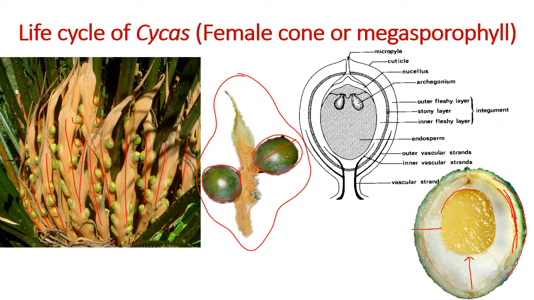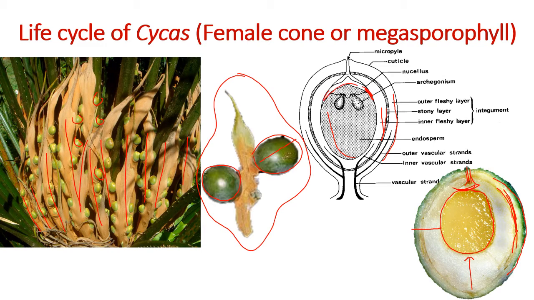The middle portion is actually the endosperm. This zone is called the pollen chamber, and this is the micropyle. Similarly, this layer is outer, this is middle, this is inner, and this is endosperm. Somewhere here the nucellus is there.